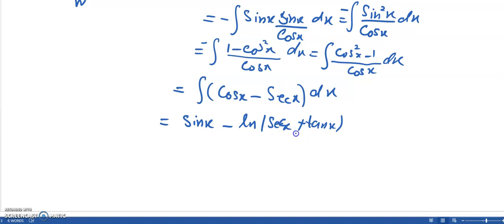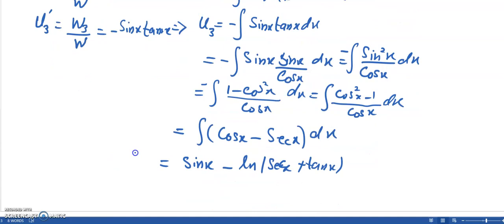Maybe from your calculus class you have already done it many times, and since secant x is a primary function, it's okay to directly write down its integral, and this is also available in the tables. So finally we have found u1, u2, u3.